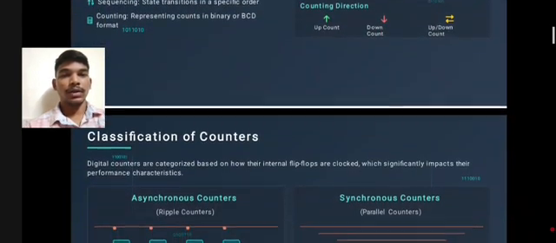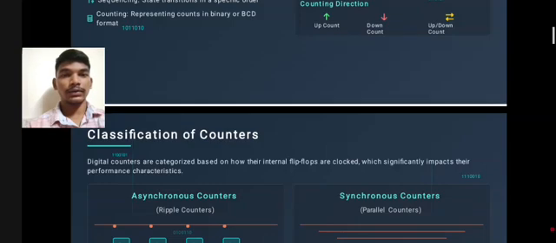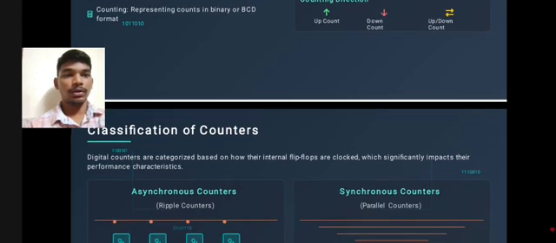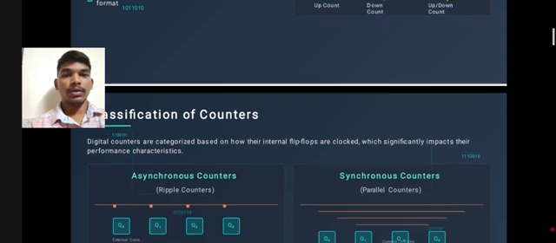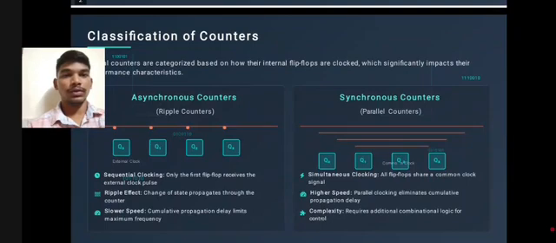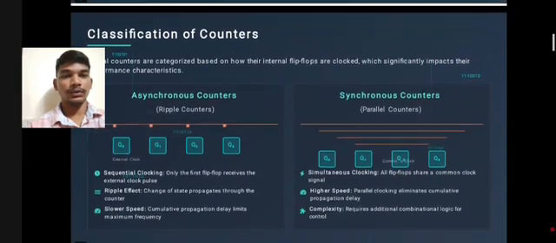Classification of counters: counters are categorized based on how their internal flip-flops are clocked, which significantly impacts their performance characteristics. Asynchronous counters are known as ripple counters.